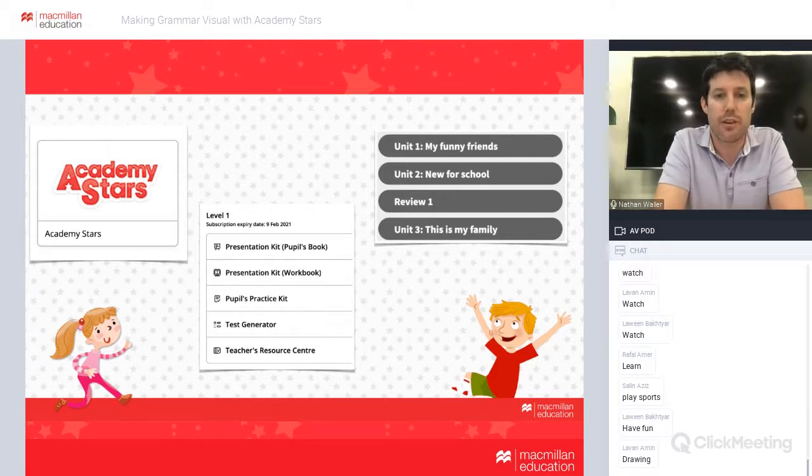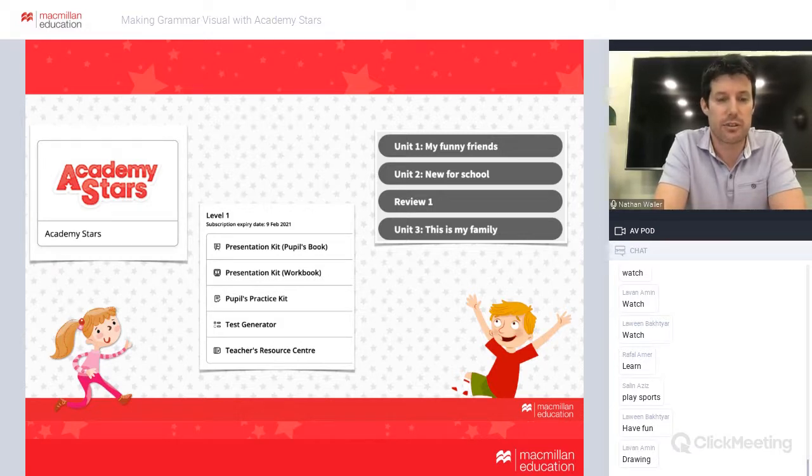Pupils also have their own practice kit, so they can do asynchronous learning as well, extension activities, or you could use it in a flipped way and get them to do some of the practice activities, and then focus on usage in class time. You have test generators, so you can do unit tests or module tests or end of course tests, and they're flexible.